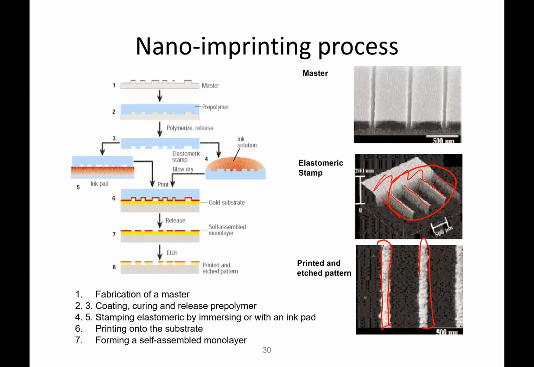But the problem is that this actually should contact the substrate. You can cause mechanical damage, and also you can get particles on the master itself. It can generate a lot of problems. Even particles can be transferred.